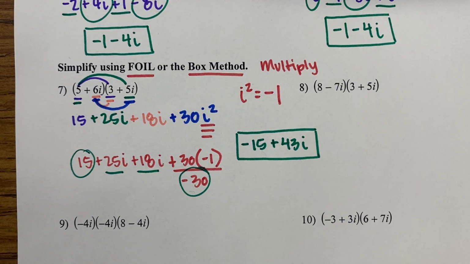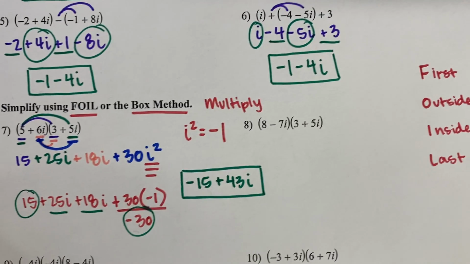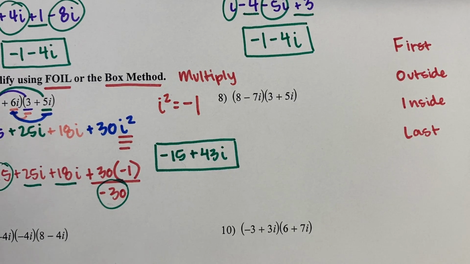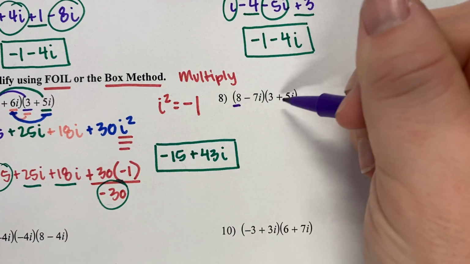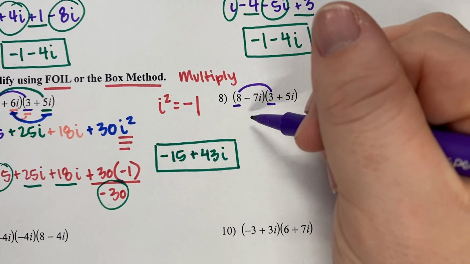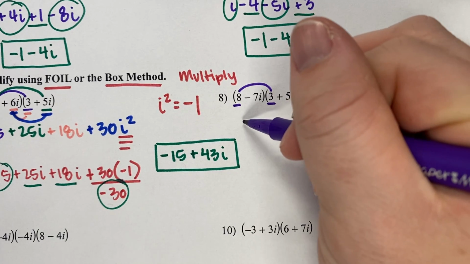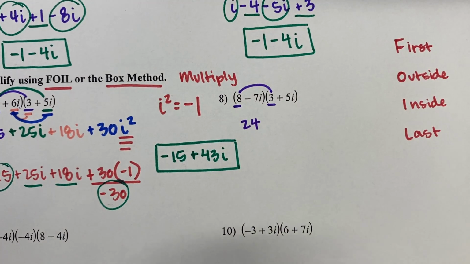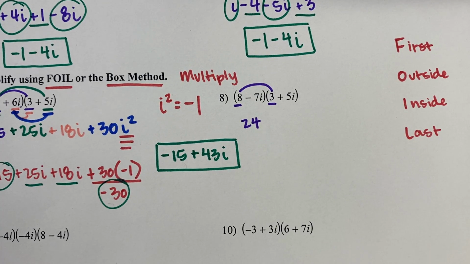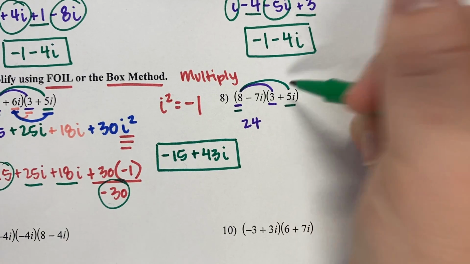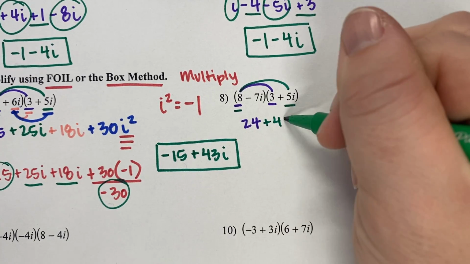Okay, let's go ahead and use FOIL for number 8 again. First terms. F in FOIL stands for first, so 8 and 3. Multiply 8 times 3, that's going to give me 24. Then I have my outside terms. 8 times 5i, positive 40i.